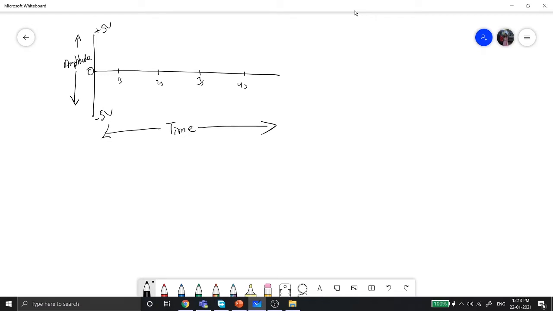In an analog circuit, so let me write analog, the signal will vary from 0 to 5 volt in about a second.